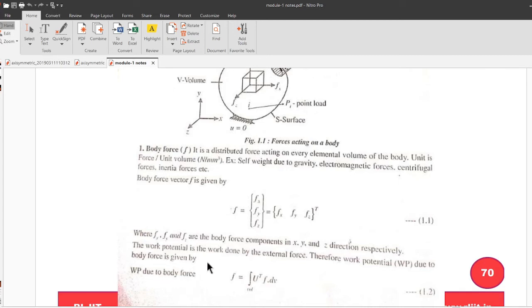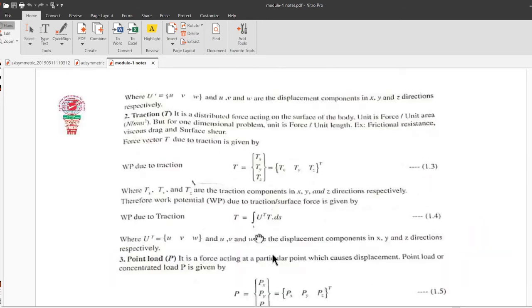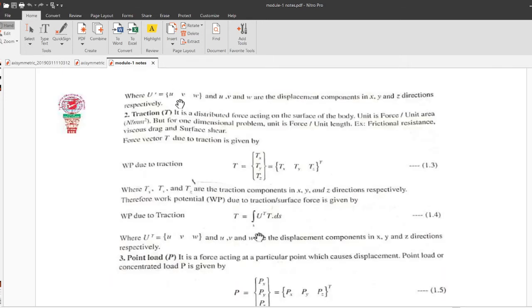Therefore, the potential function is nothing but displacement into force. Therefore, pi is equal to u transpose into f, which is acting on the entire volume. That's why we consider dV. So u is nothing but the displacement, that is u, v, w, along x, y, z directions.